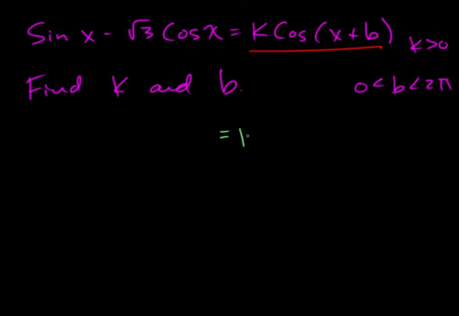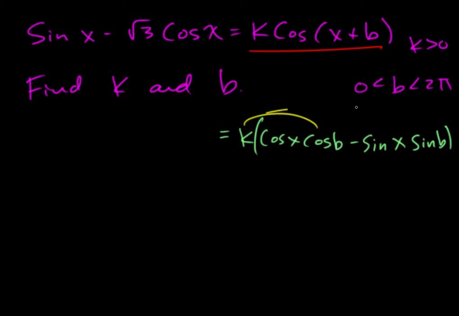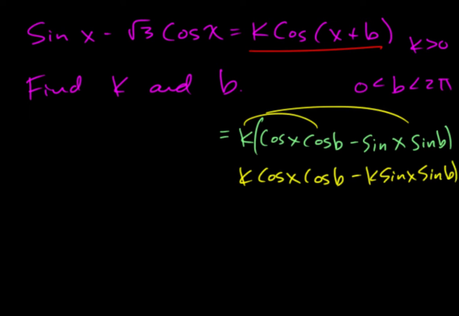So we're going to say k cosine x cosine b, and if you're not sure what I'm doing, make sure you watch the first part of this video where I go into more detail about what's going on. Now I'm going to distribute: k cosine x cosine b minus k sine x sine b.